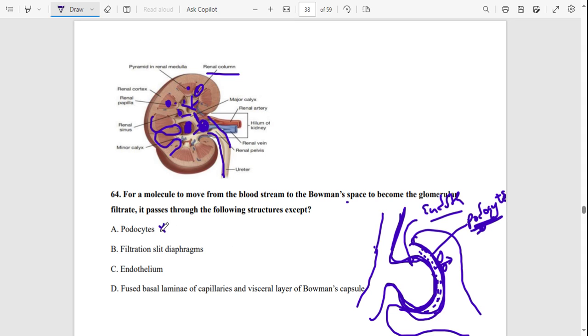So we don't pass podocytes, but we pass through the slits, which we call the slit diaphragm. Also the endothelium. You also have the fused basal lamina of capillaries and visceral layer of the Bowman's capsule. So the visceral layer of the Bowman's capsule is the layer that is surrounding these capillaries. Okay.